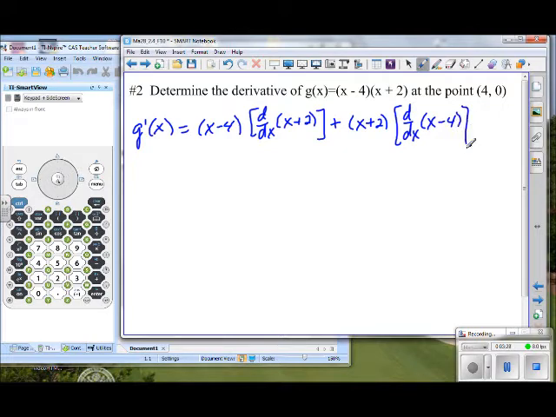Now if you're looking back at the first slide and you say, well, the rule said we take the derivative of the first factor times the second factor. Remember that multiplication is commutative, so it doesn't make any difference in which order we multiply them. Also we're adding, and addition is also commutative, so it doesn't matter that I start with the first factor and the derivative of the second factor plus the second factor times the derivative of the first.